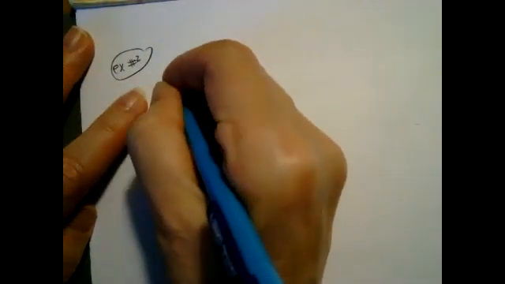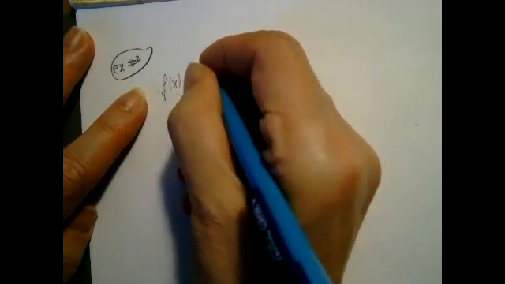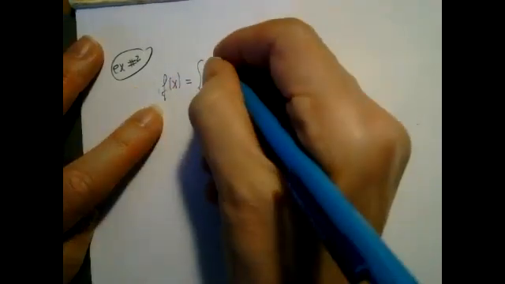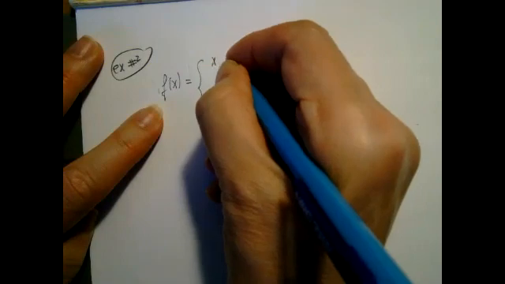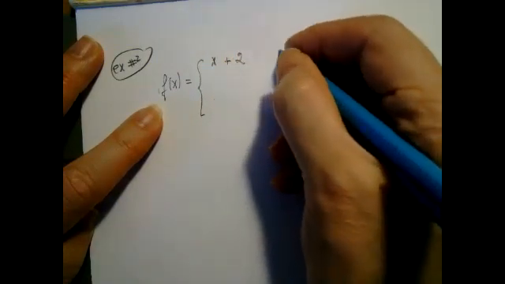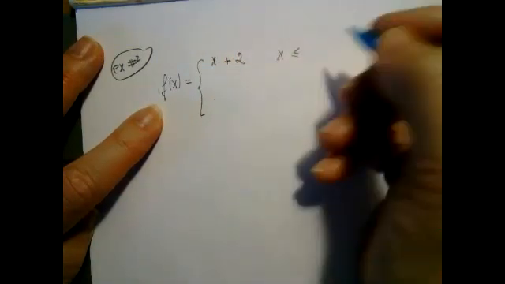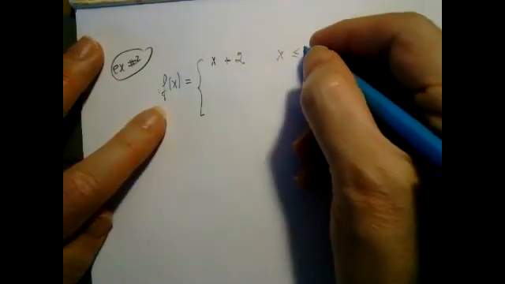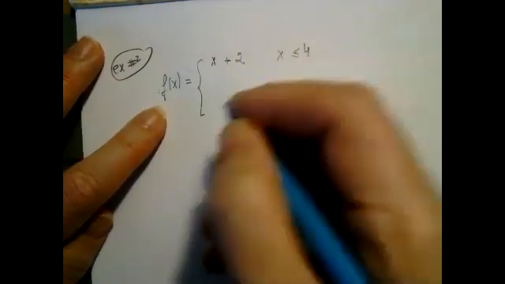Example number 2. Again, I'm taking a simple example. So, how to basically read those functions and how to really graph them. I'm going to take f of x is, let us say, x plus 2 for x less or equal to 4, for example.